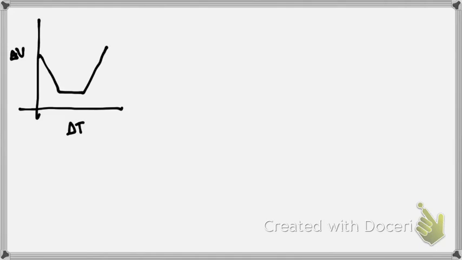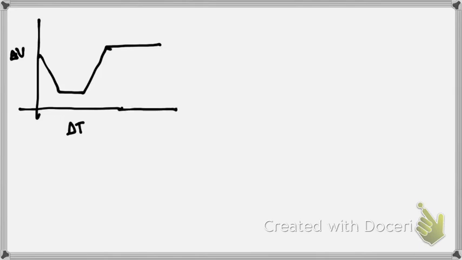So now let's go ahead and look at another graph. This one is going to be our change in velocity over change in time graph, okay? So let's just say we have another graph that looks something like this, all right?